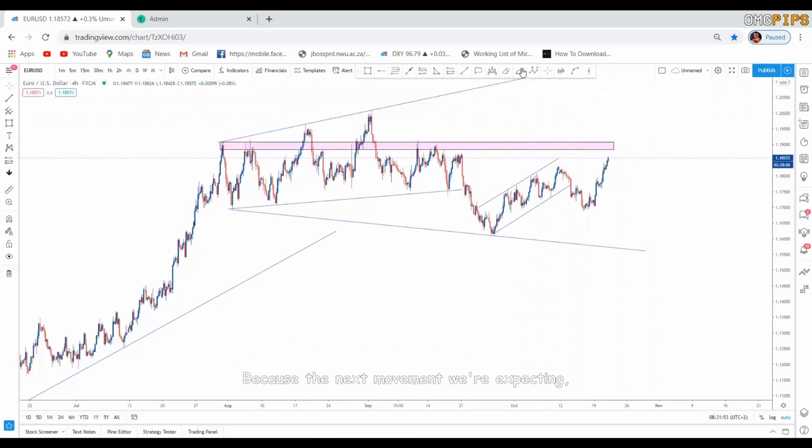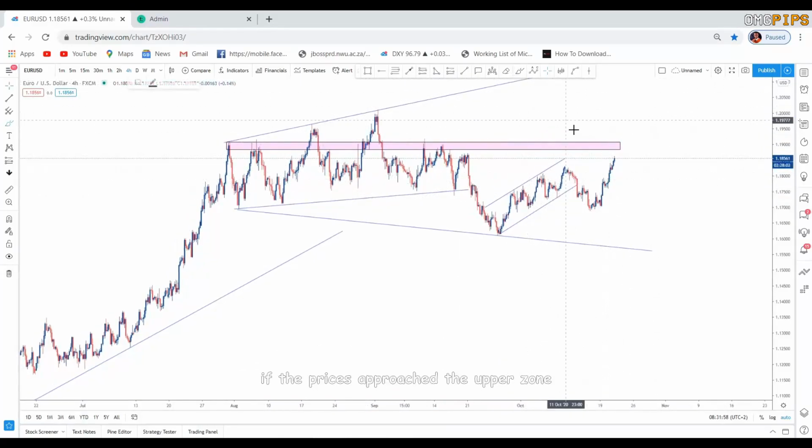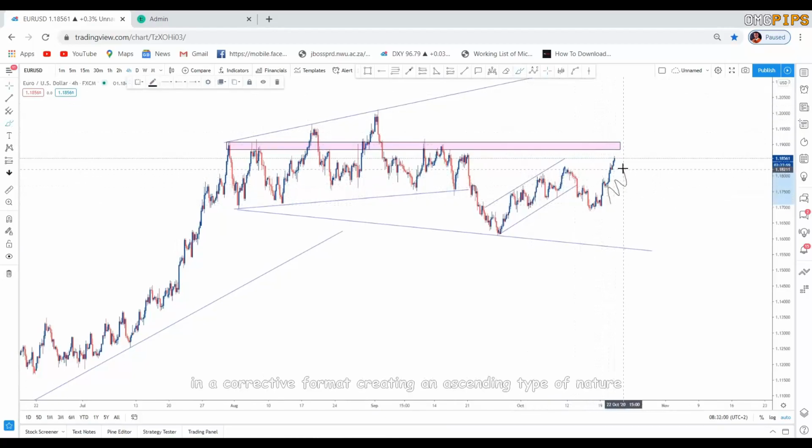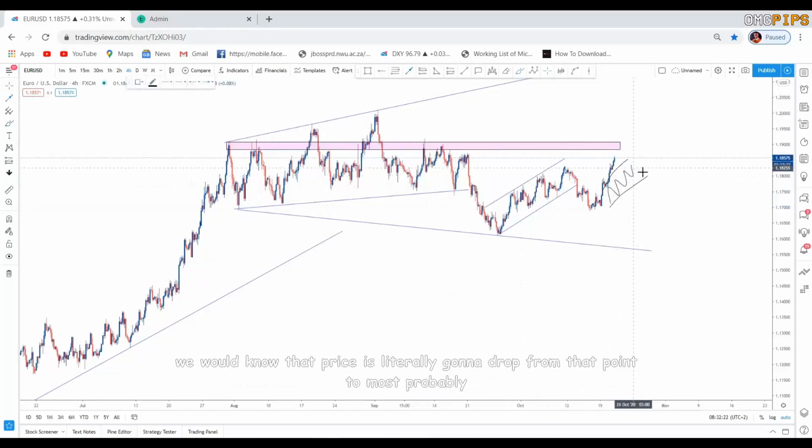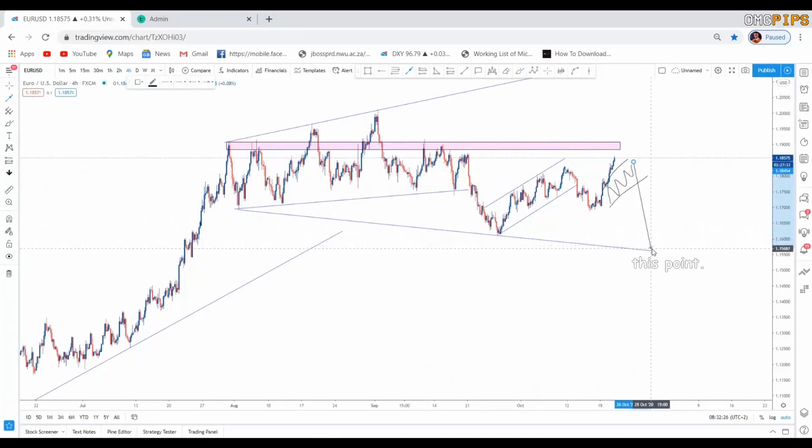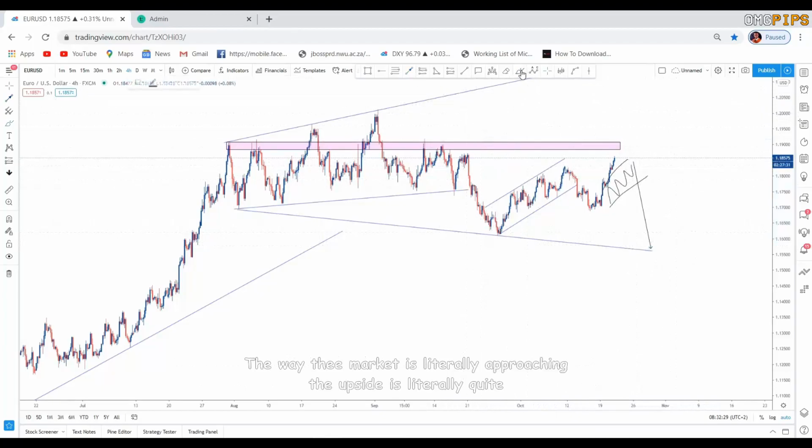Because the next movement we're expecting, if the prices approach the upper zone or this zone in a corrective format, creating an ascending type of nature, we would know that price is literally going to drop from that point to most probably this point. But the way the market is approaching the upside is quite tricky, because it's impulsive.